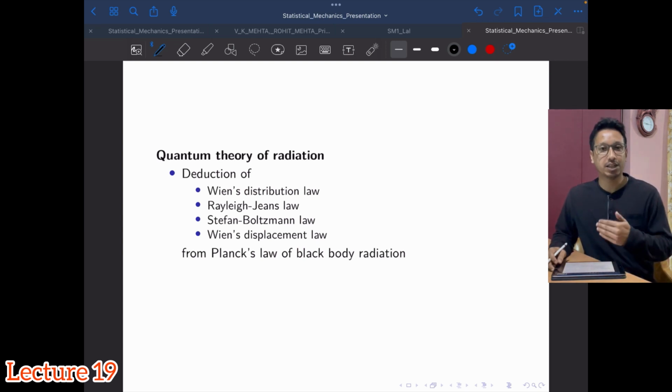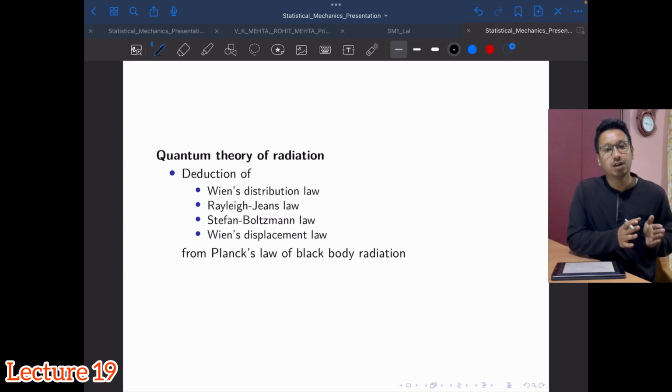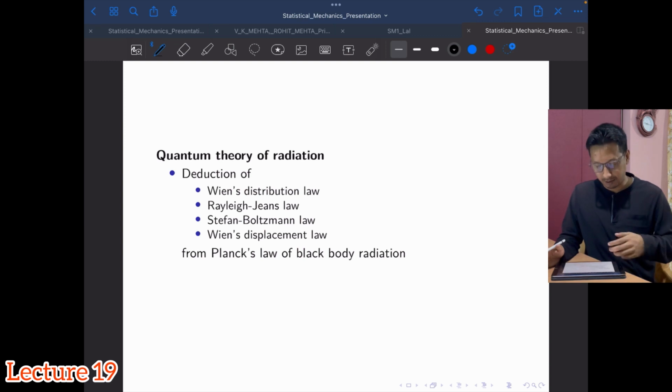During the course of this deduction, we'll realize that Wien's distribution law was successful in explaining the blackbody spectrum, which was obtained experimentally, for the shorter wavelength part, whereas the Rayleigh-Jeans law was successful in explaining the longer wavelength part.